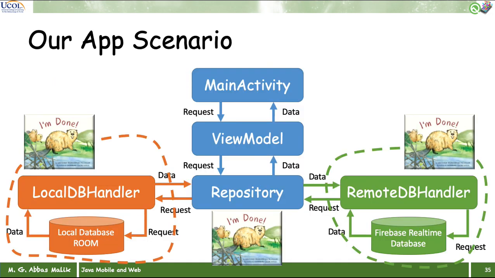Now we have implemented the local DB handler, the remote DB handler, and also the repository. Till now, the local DB handler, the repository, and the remote DB handler are simple classes. They are not child classes of anything.